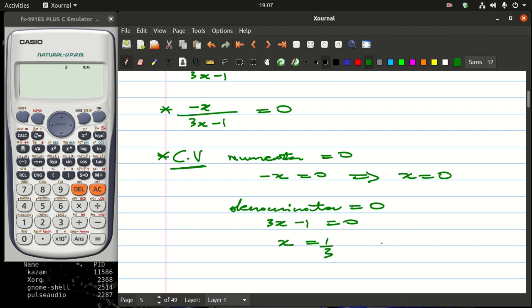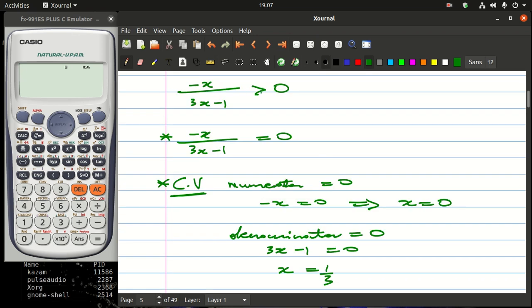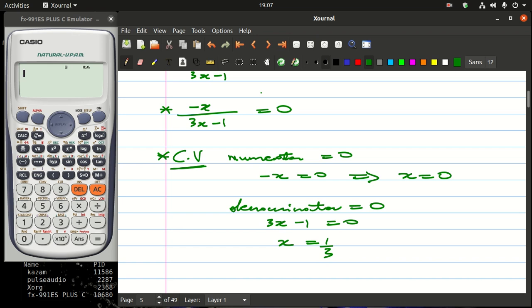So when you are drawing the number line, whether here you have less than or equal to or greater than or equal to, the value you got by setting the denominator equal to 0, you don't shade, because that value is going to make the expression undefined. So we don't shade it.